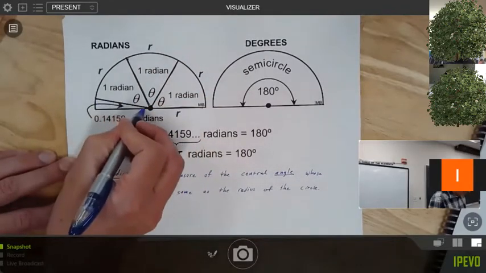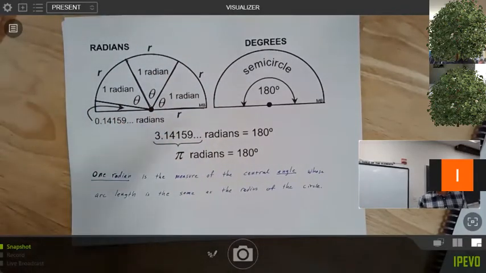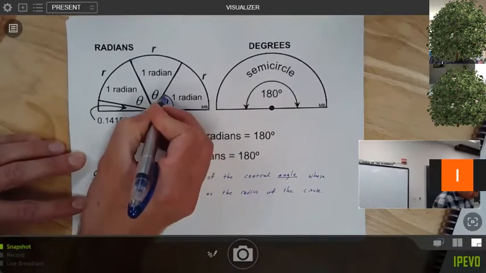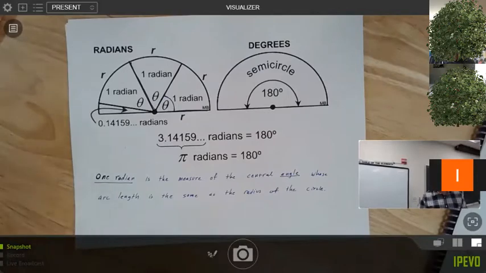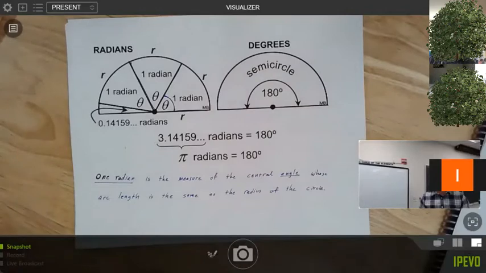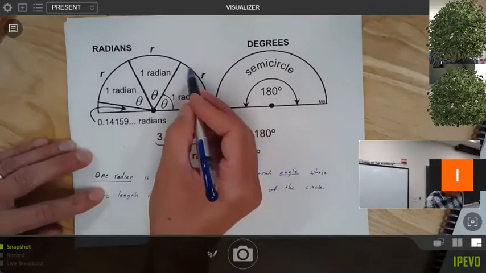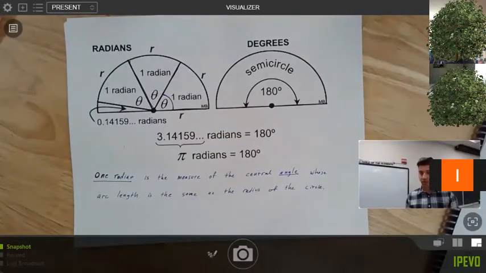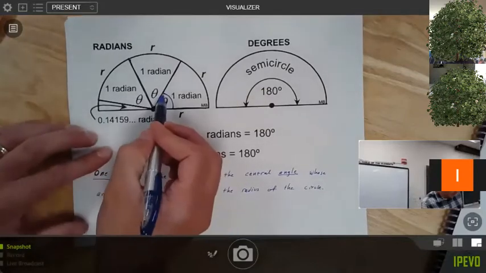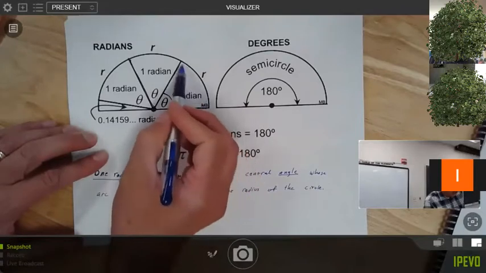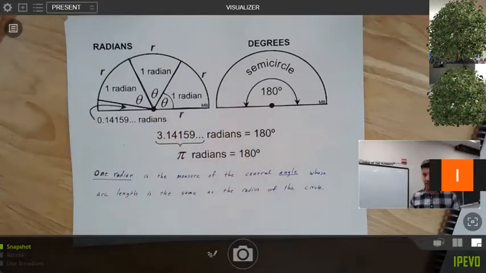And what makes a radian, this angle here, that's 1 radian, is that this arc length is exactly 1 radius long. So this length here and this length here are the same. So when someone says something is an angle measure of 1 radian, it means that this angle corresponds to the arc length on the circle being 1 radius length worth.